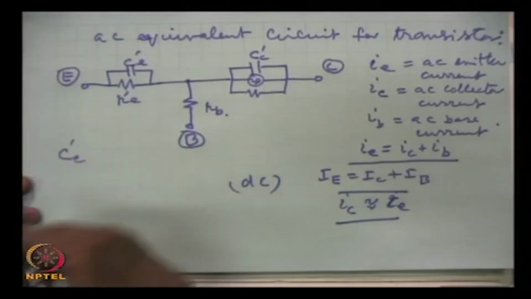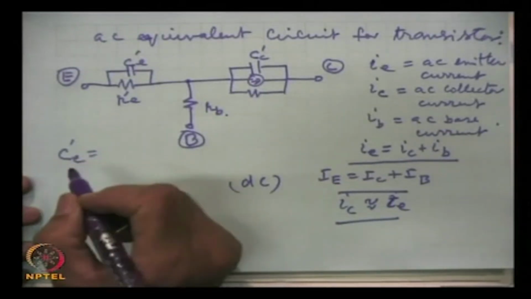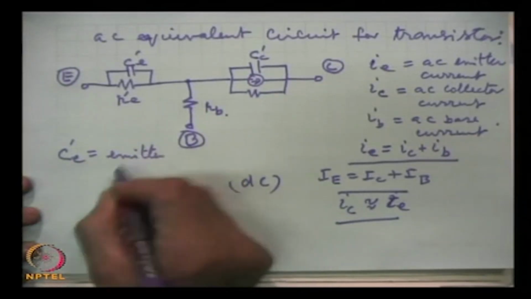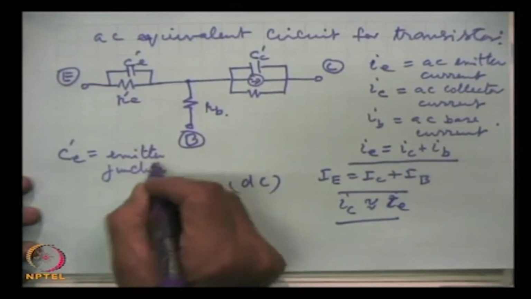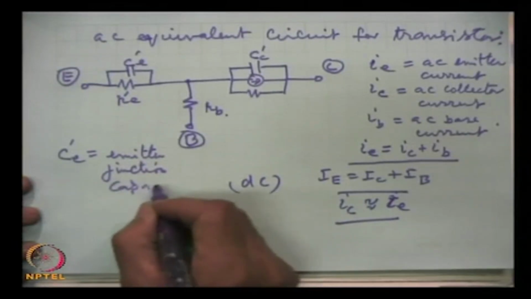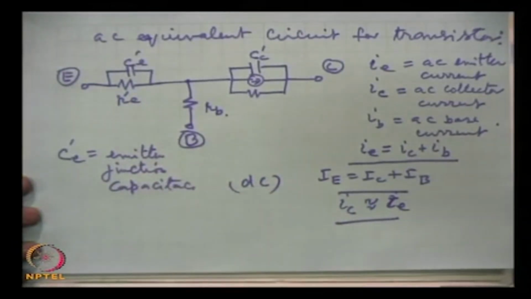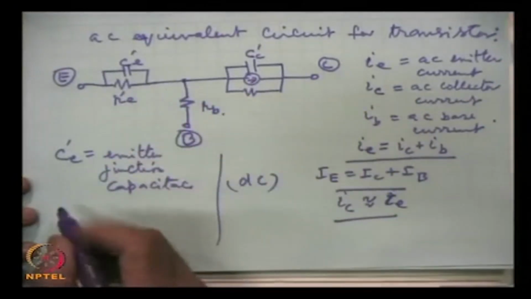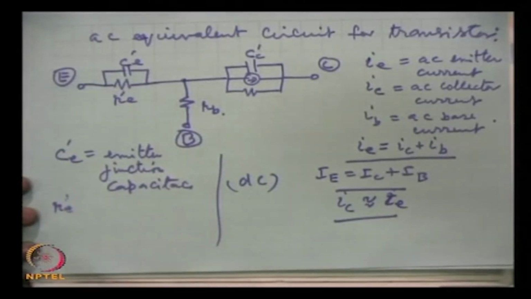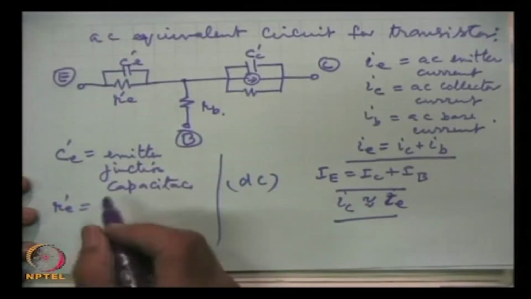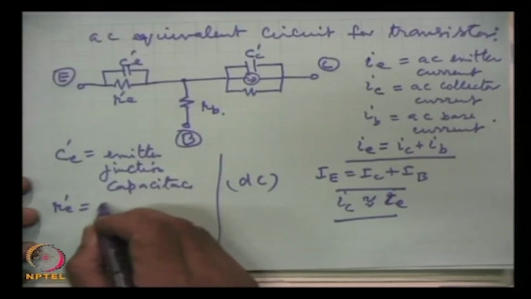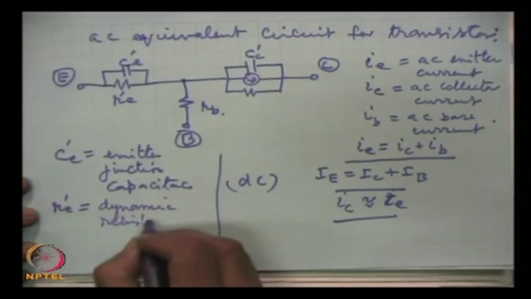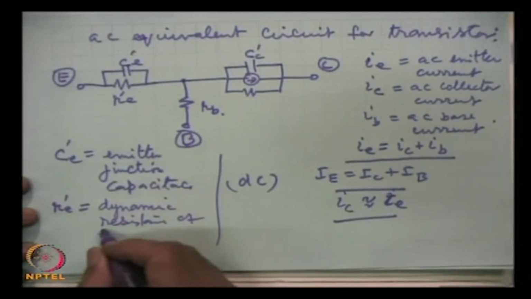C E prime, this is the emitter junction capacitance, and R E prime, this is the dynamic resistance of emitter.